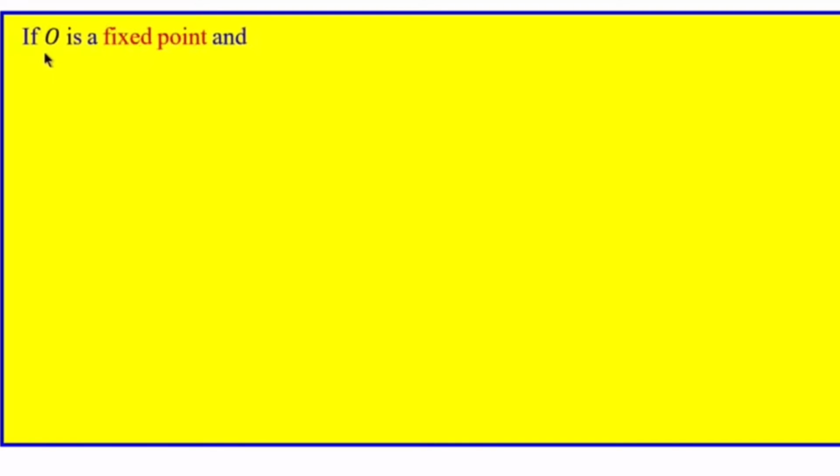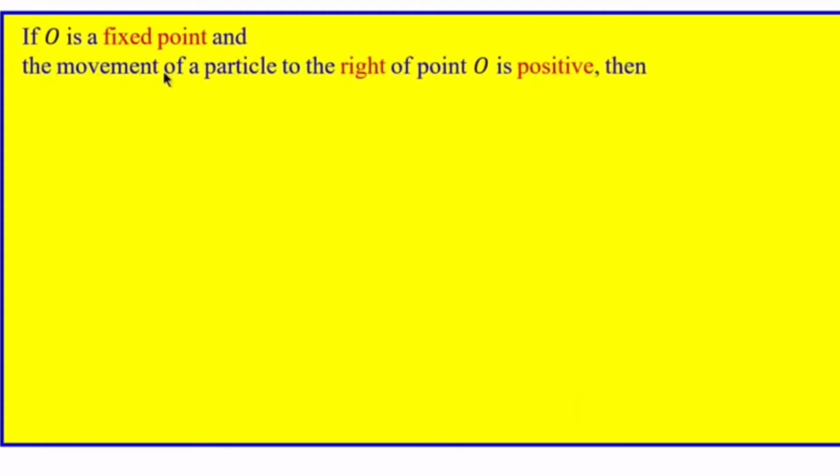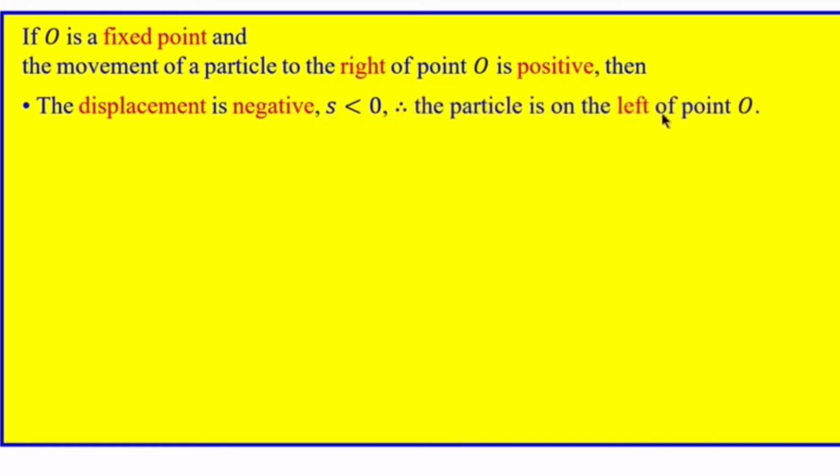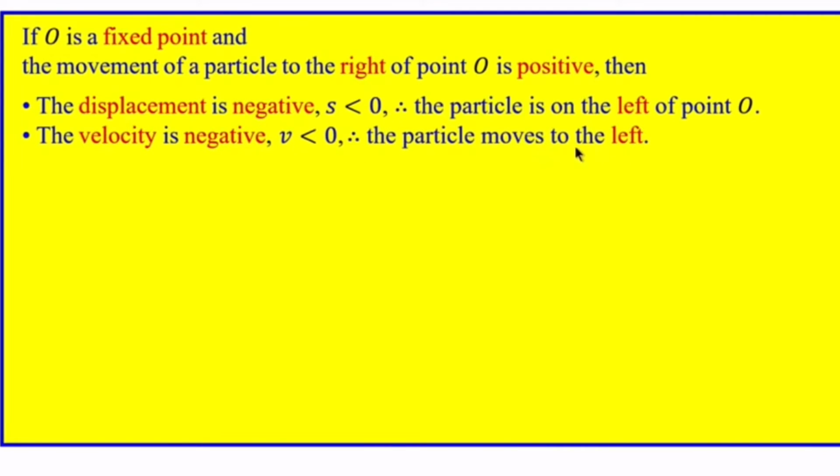If O is a fixed point and the movement of the particle to the right of the fixed point O is positive, then if s is less than 0, the particle is on the left of point O. The velocity is negative, v less than 0, the particle moves to the left.